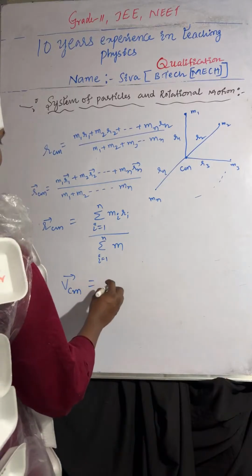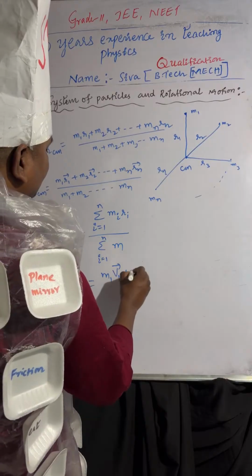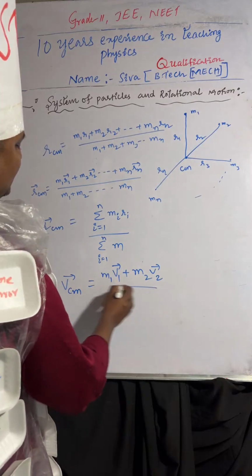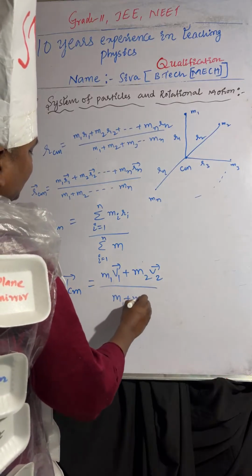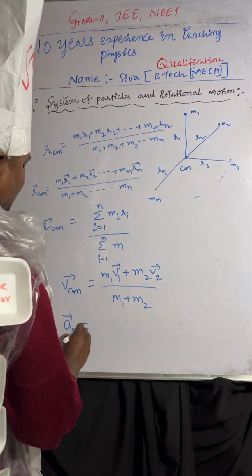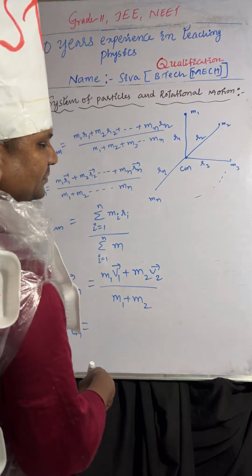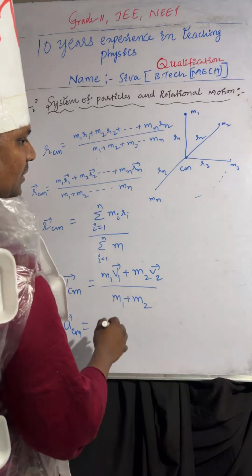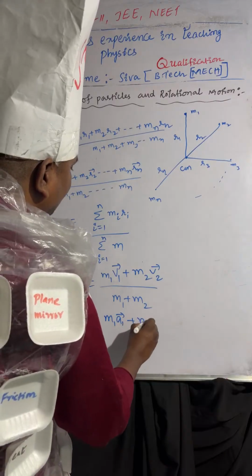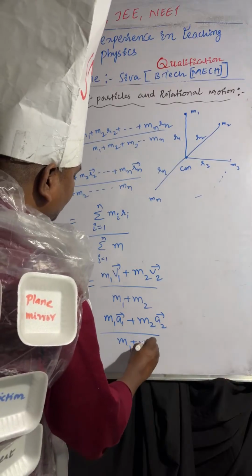Now if you are taking velocities, VCM bar equals M1 V1 bar plus M2 V2 bar, if you consider two particles, divided by M1 plus M2. For acceleration, ACM equals M1 A1 bar plus M2 A2 bar divided by M1 plus M2.